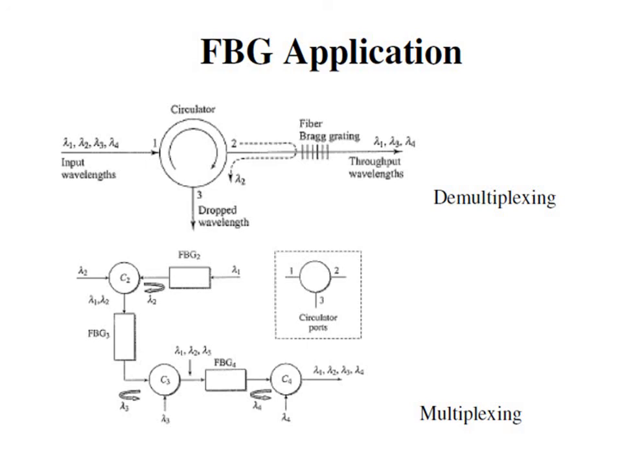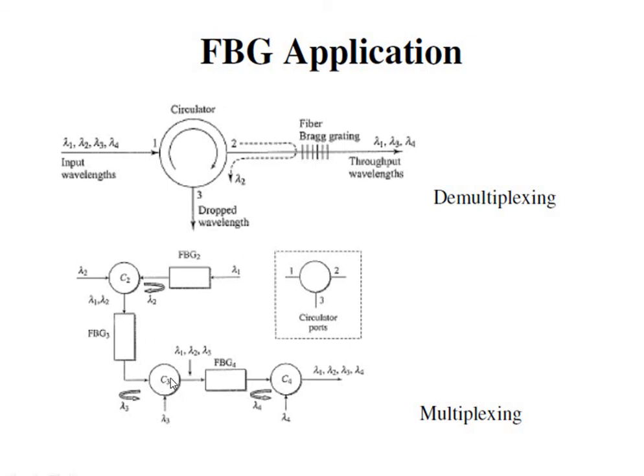Wavelength lambda 2 enters port 1 of the circulator C2 and exits from port 2. After being reflected from FBG2, it enters port 2 of circulator C2 and exits from port 3 together with wavelength lambda 1.